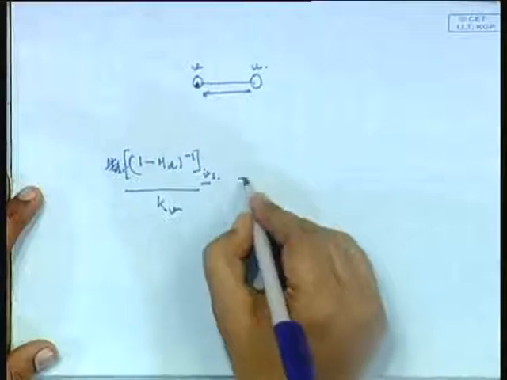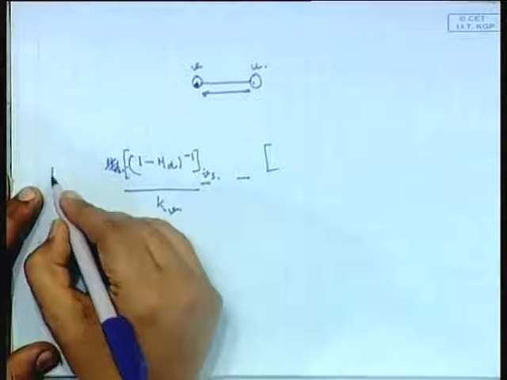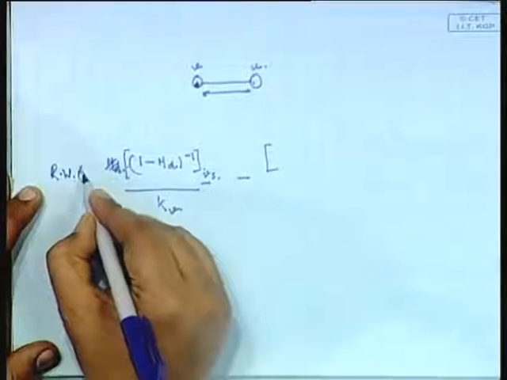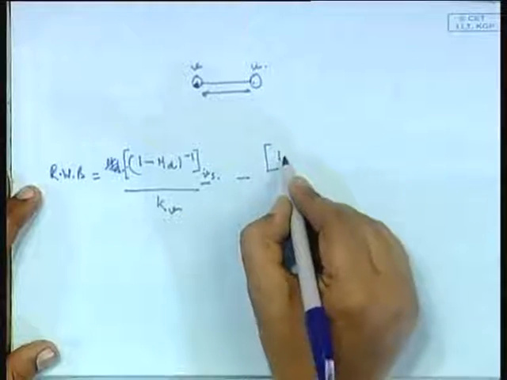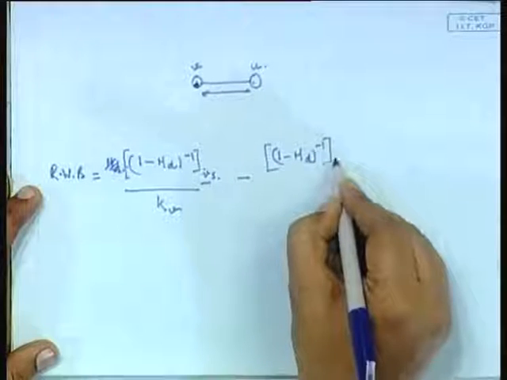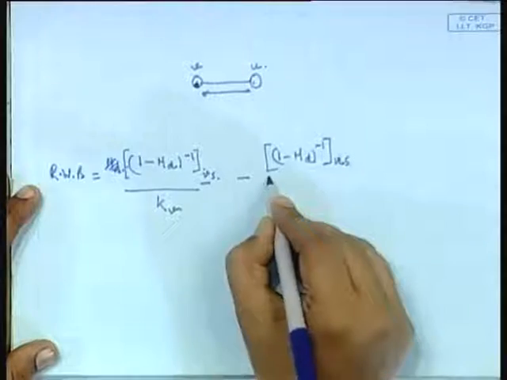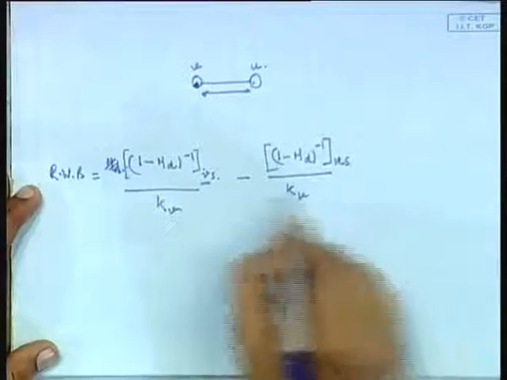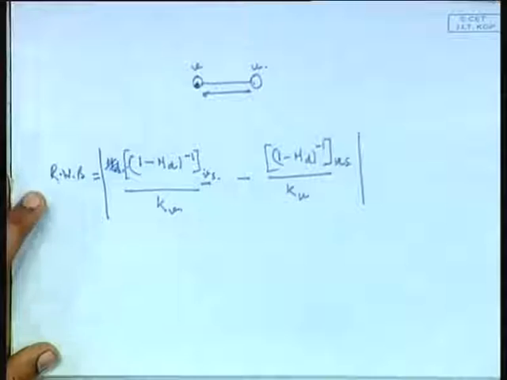So, now the random walk betweenness you get is 1 minus m d, again infinity, U s by k u, and you take the mod, whichever is more.